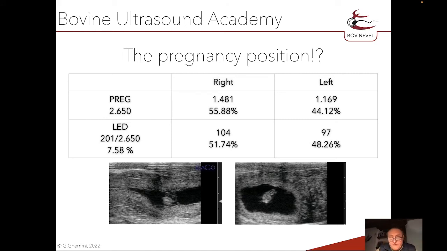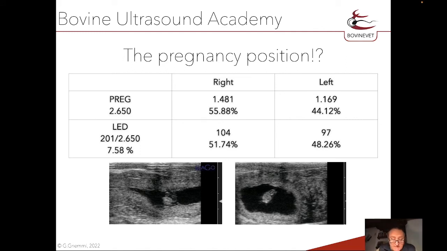In one of the previous episodes of this training about gestational losses, we saw that a gestation that developed in the uterine horn opposite the position of the gestational corpus luteum has a poor chance of survival because there is 35% less progesterone in this uterine horn that is opposite to the corpus luteum. Well, in this case, the question is whether a right or left handed gestation has a different predisposition to disappear.